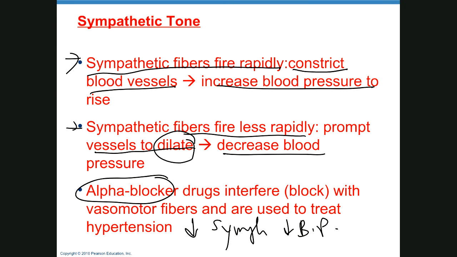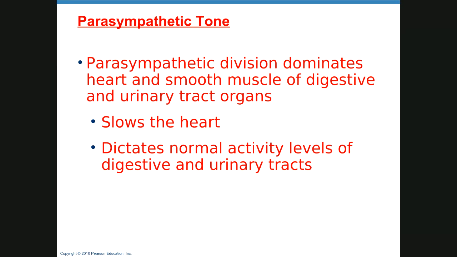So beta blockers act on the heart, alpha blockers act on blood vessels. By decreasing sympathetic innervation, it decreases the constriction of the blood vessel, dilates the blood vessel, and that decreases blood pressure. So sympathetic innervation of blood vessels is what we call the vasomotor tone.